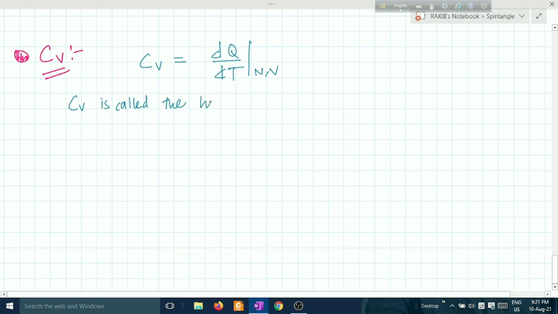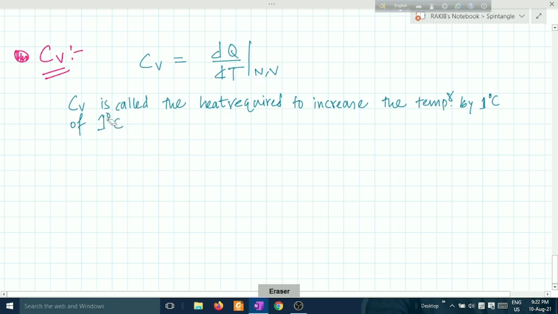the heat required to increase the temperature by 1 degree centigrade of 1 kg mass at constant volume.